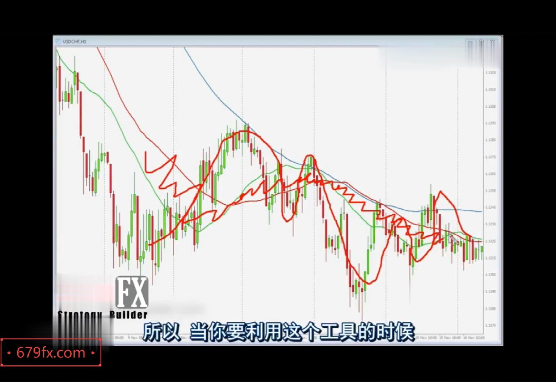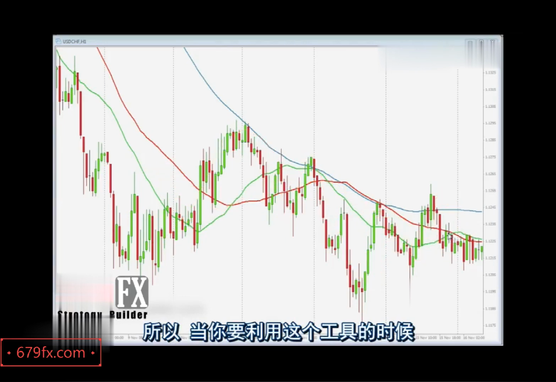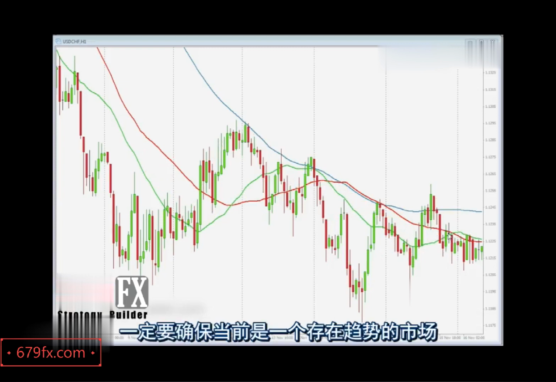So whenever you are to apply the principles I'm going to be showing you, make sure that first of all you are indeed looking at a trending market, a trending chart.